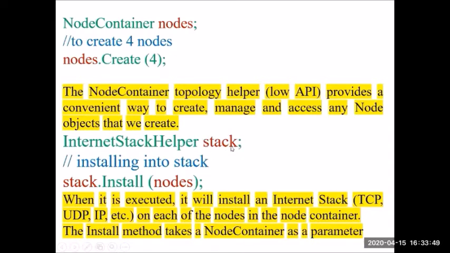When I declare an object with the name stack, it is present, and I want to install this stack on all the 4 nodes. So I'll use the object name and the command install. To see what all commands are available, you can easily use NS3 help. In NS3, you can just click help and you will see all this.